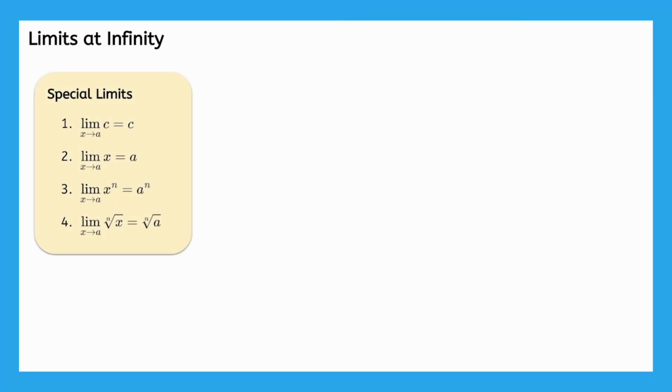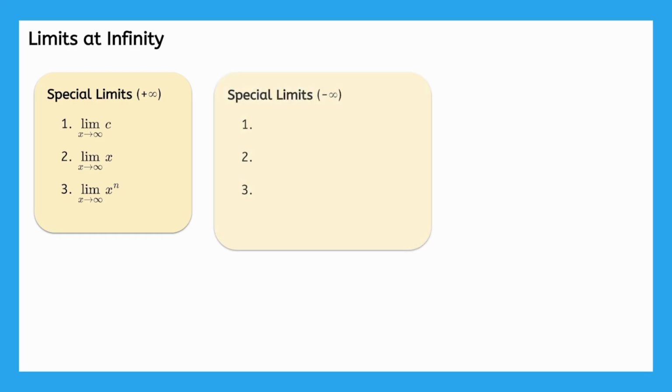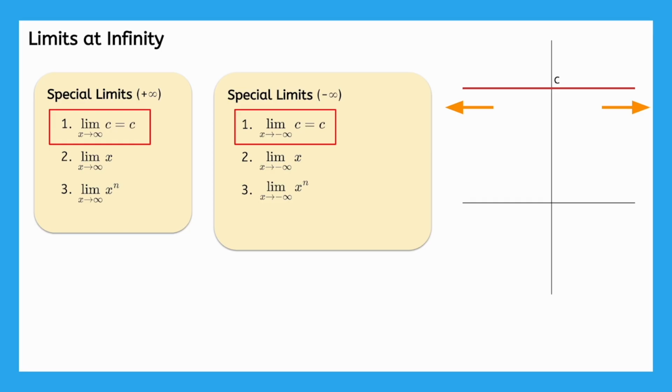What about the special limits we had? How do they look for limits at infinity? Let's look at the first 3 since they will be the most useful to us for both positive and negative infinity. For a constant function c, which is just a horizontal line at c, as we approach both positive and negative infinity, the function continues to approach c because, well, it stays at c.